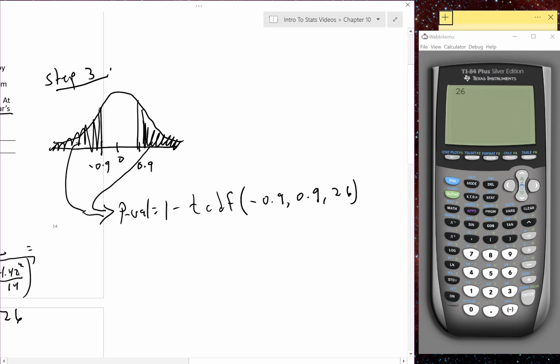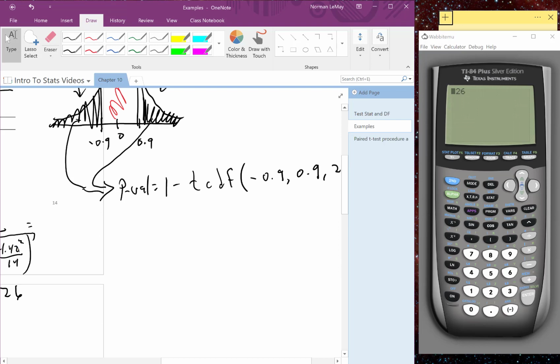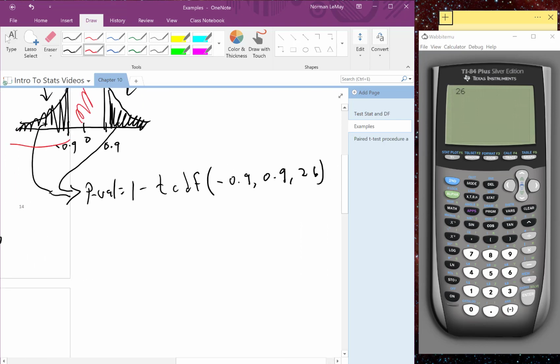So to get these two tail areas, notice all we have to do is go 1 minus this middle area right here. That's exactly what we're doing, just using a little bit of complementary probability. Or you could just compute this tail area and then double it.